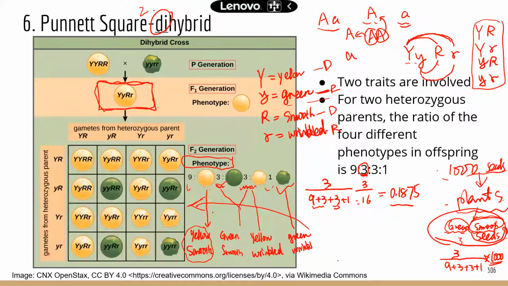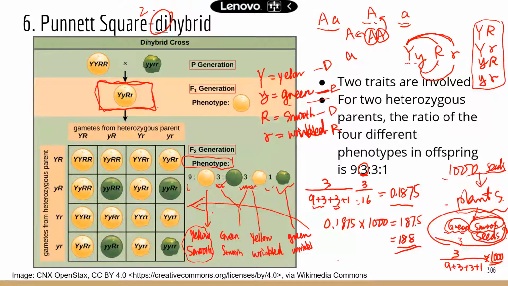So that means your prediction as to how many plants are going to have green smooth seeds is going to be this proportion 0.1875 multiplied by the total number of plants. So it's going to be 187.8. You can round it up, which is 188 plants. So approximately 188 of the 1,000 plants are going to have green and smooth seeds.